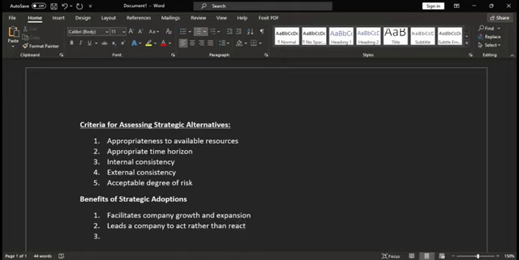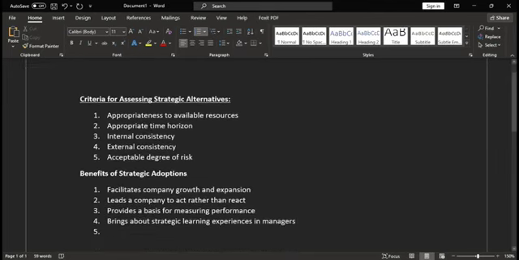Three, it provides a basis for measuring performance. Four, it brings about strategic learning experiences in managers.